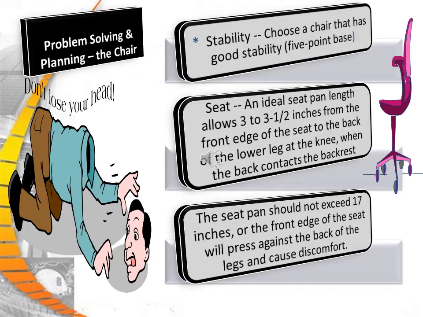Seat. An ideal seat pan length allows 3 to 3.5 inches from the front edge of the seat to the back of the lower leg of the knee when the back contacts the backrest. The seat pan should not exceed 17 inches or the front edge of the seat will press against the back of the legs and cause discomfort.